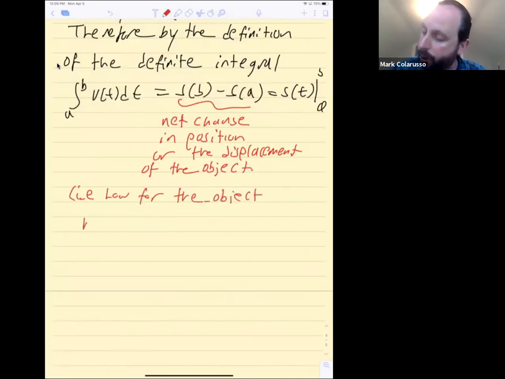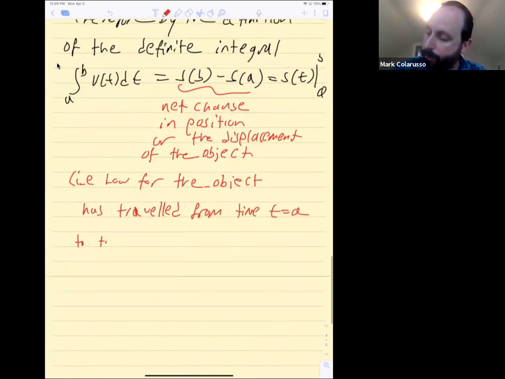Has traveled from time t equals a to time t equals b.